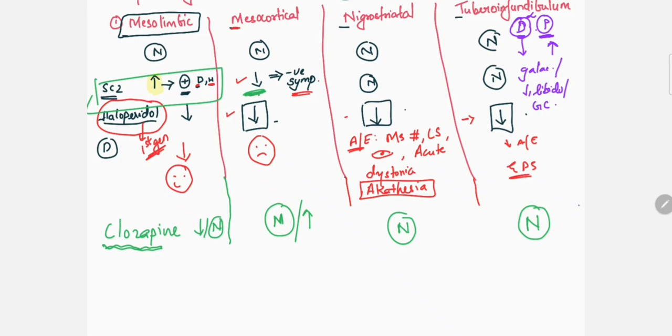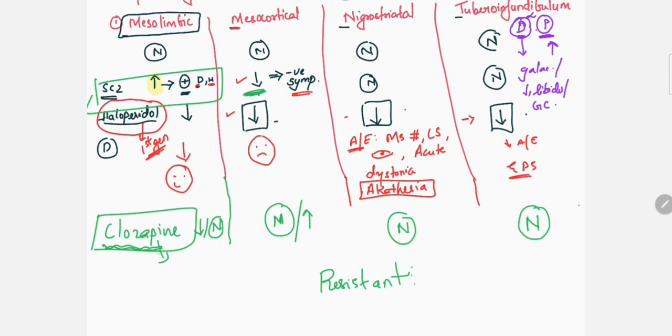One final point: if somebody asks you what is the drug of choice in a case of resistant schizophrenia, where no matter how many drugs you give the patient is not improving, there's a criteria for that, which we'll learn someday later. Just remember, you must say it is clozapine.